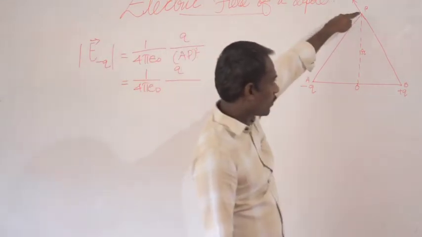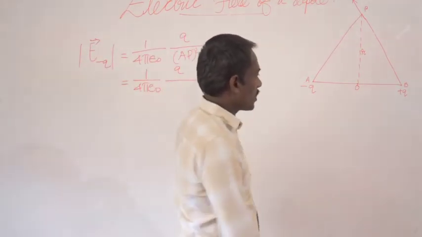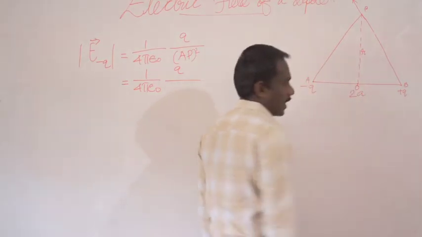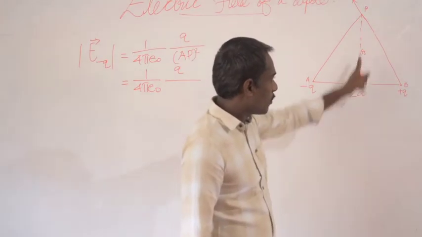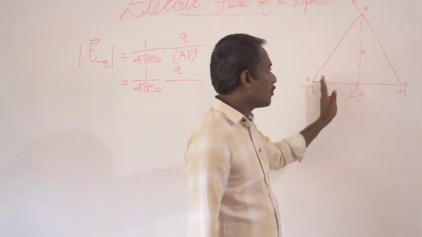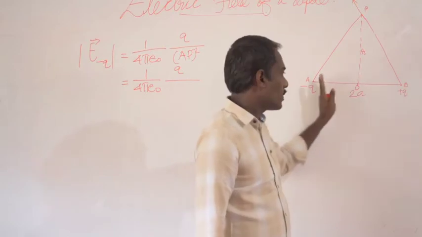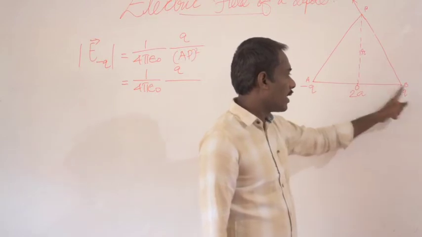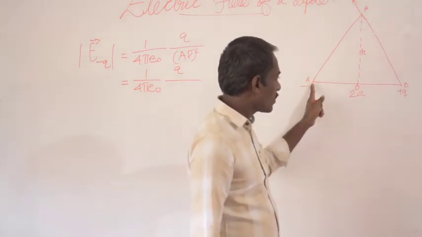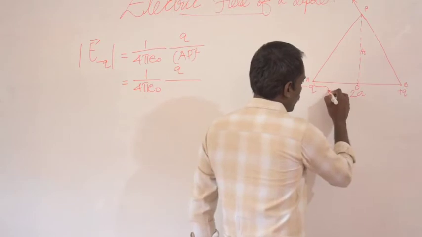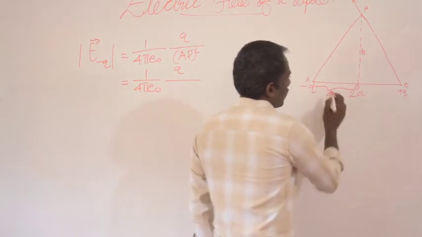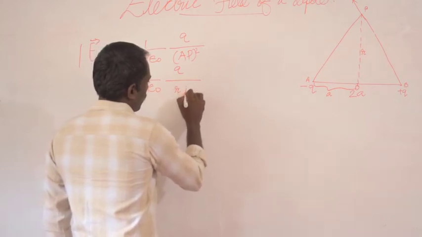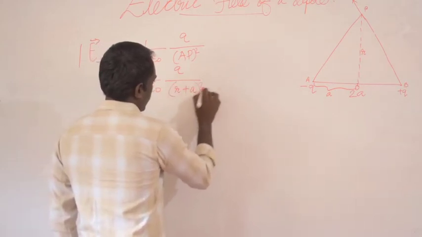We know these two charges are separated by a distance 2A. Since the point P lies on the perpendicular through the midpoint between A and B, AP square can be written as R square plus A square.